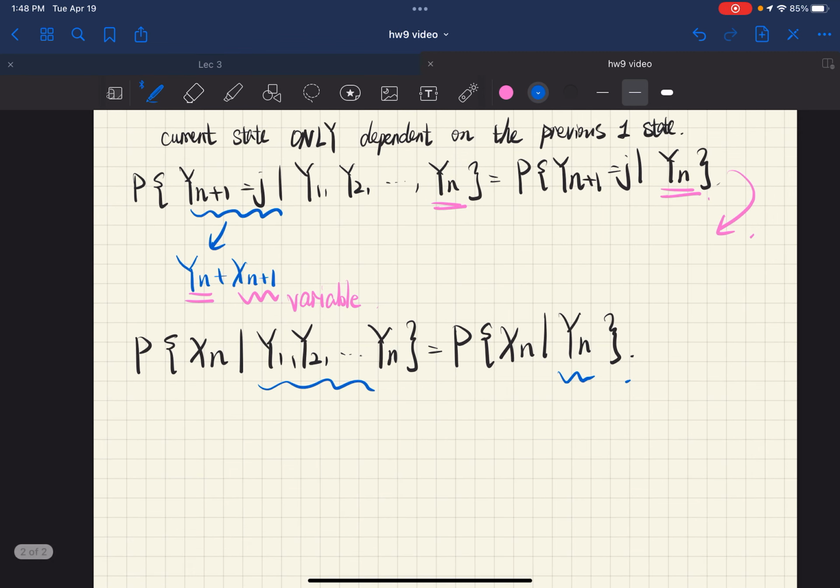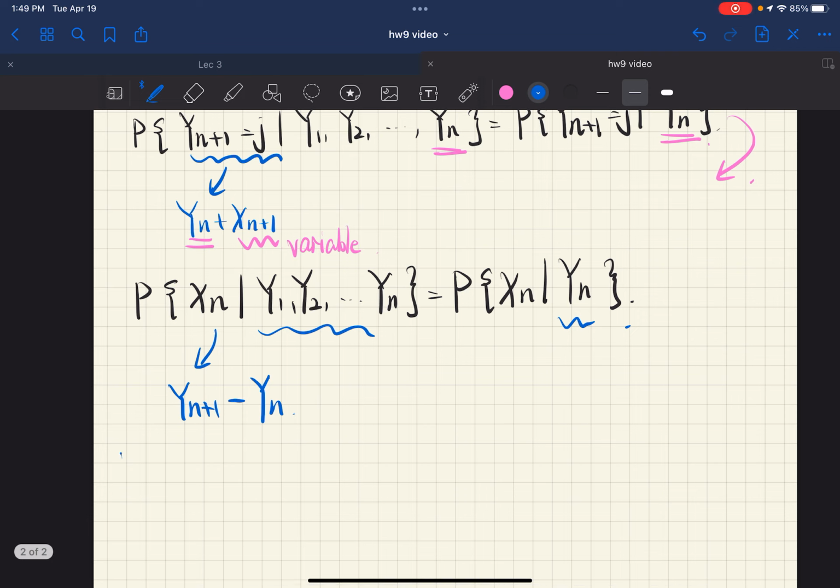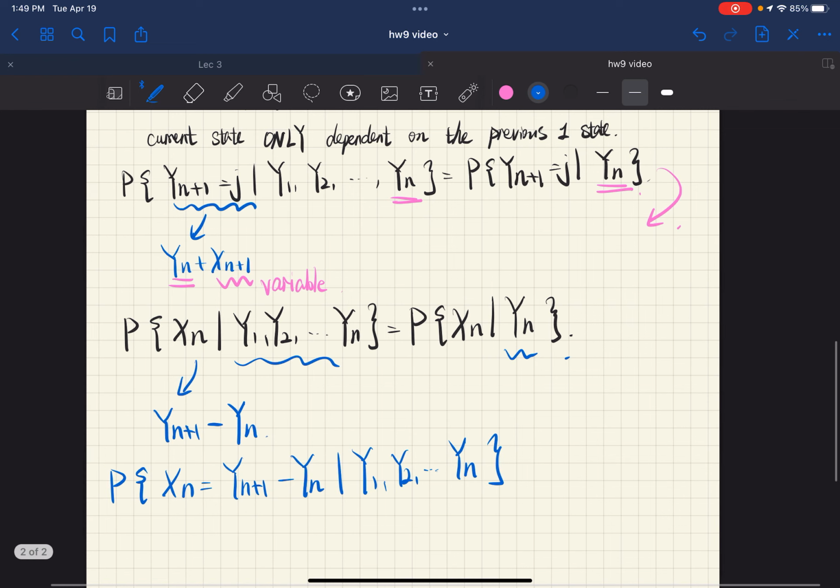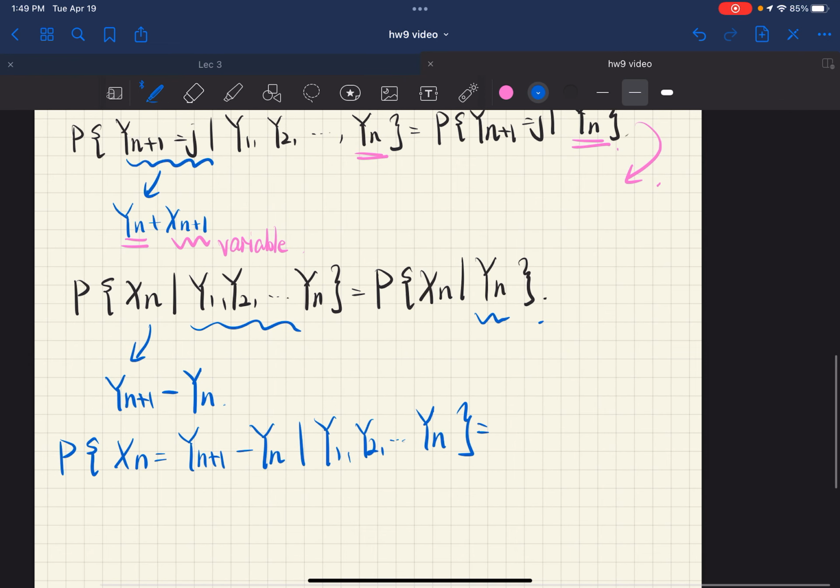And because we have previously stated that Xn is equal to Yn plus 1 minus Yn, we can then rewrite our equation as the probability of Xn equals Yn plus 1 minus Yn under the condition of y1, y2 to yn is equal to the probability of Xn under the condition of Yn.